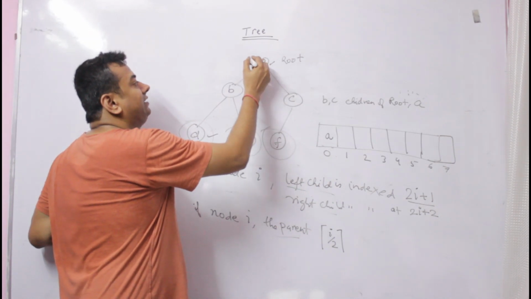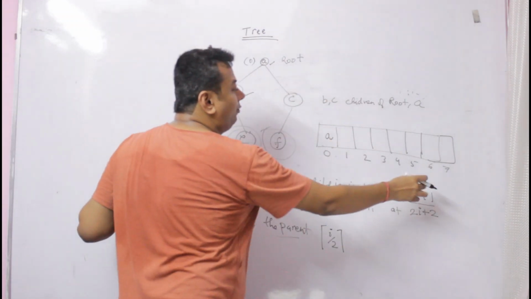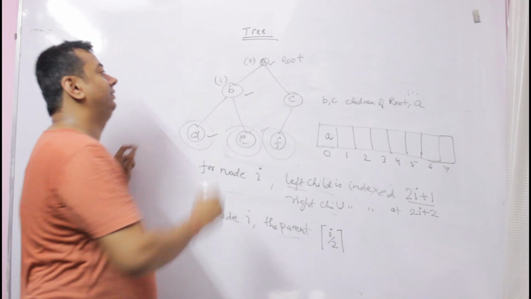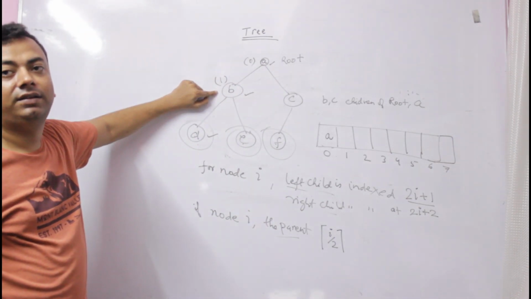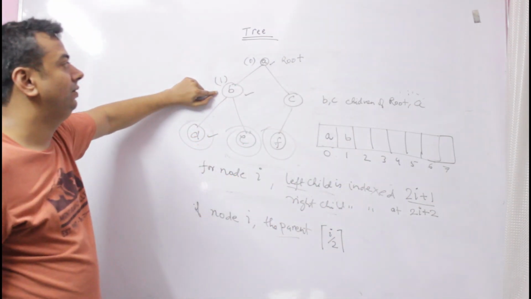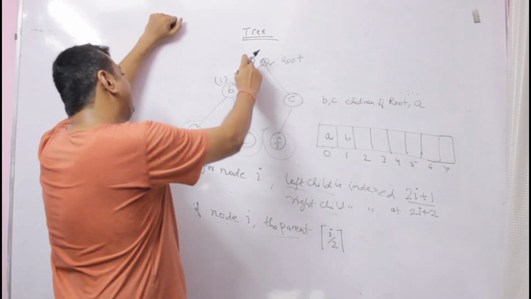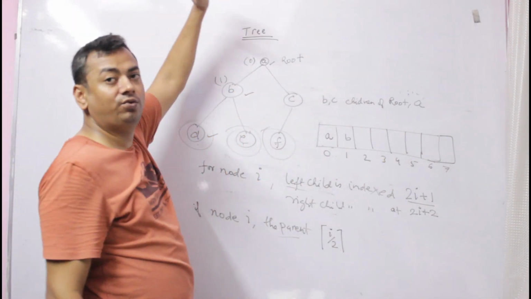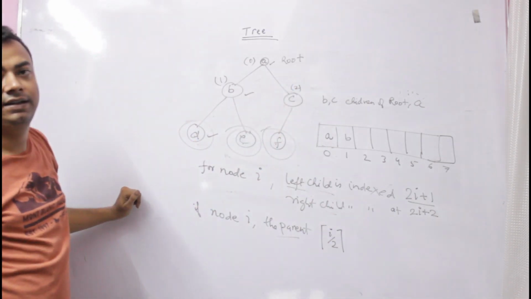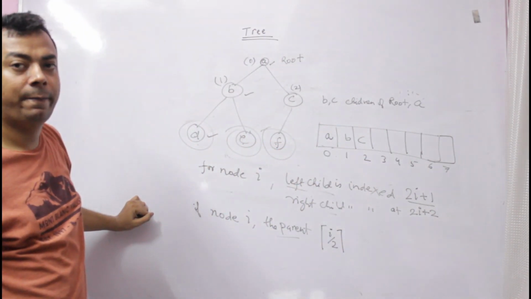So if this is at the 0th index, 2 into 0 plus 1, that is 1, will be the index of the left child. So B will be placed at index 1. For the right child, we compute 2i plus 2. So i is 0, 2i plus 2 is 2, which is the index for this node, C. Fine.